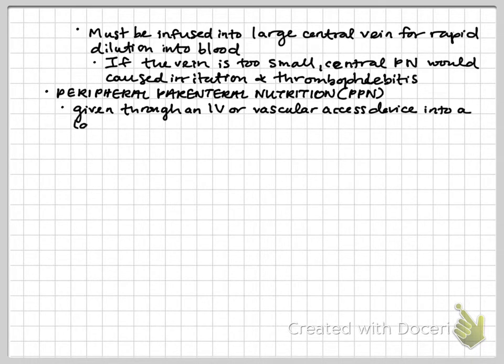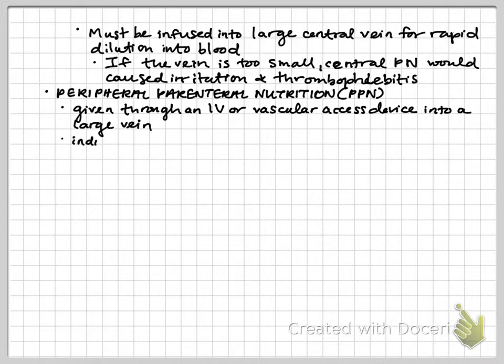So we're not giving it into one of the smaller veins that you find in the hand, which most people don't really go through anyway because they're a little hard to stick. And given the fact that parenteral nutrition is a little bit more viscous than IV fluids, we wouldn't want to use a smaller catheter anyway, because that makes it harder for it to go through that catheter.